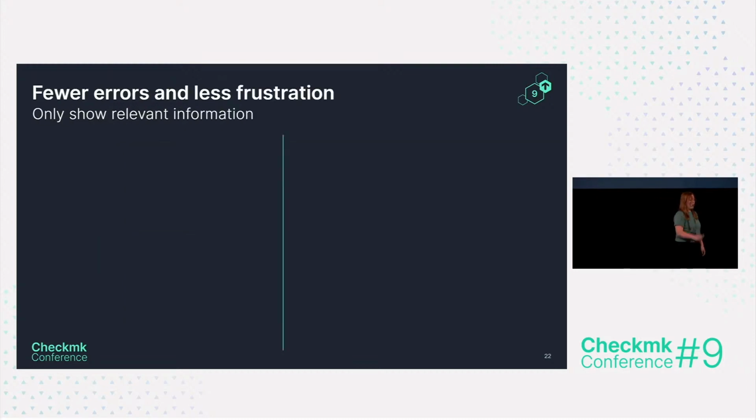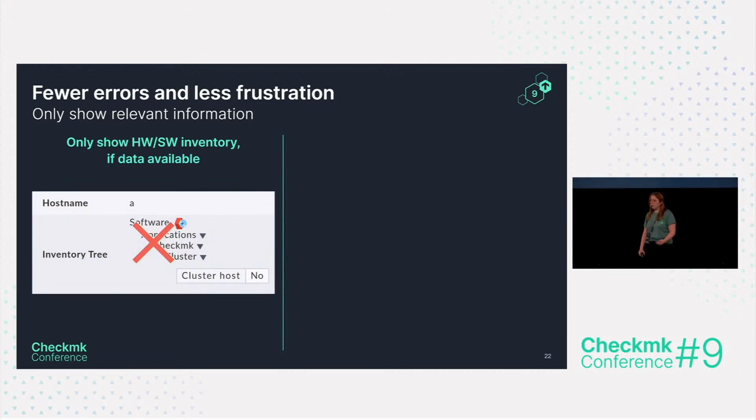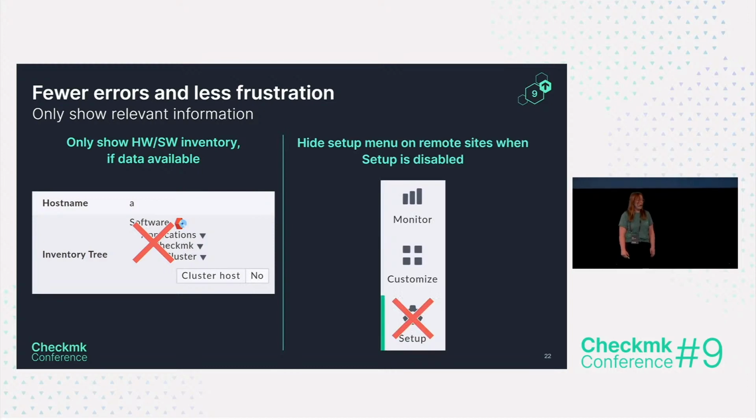One more thing for a good overview is, of course, to avoid cluttering you with irrelevant data. That's why we decided to only show the hardware-software inventory if there's actually data available, and also to hide the setup menu on remote sites when the setup is disabled.